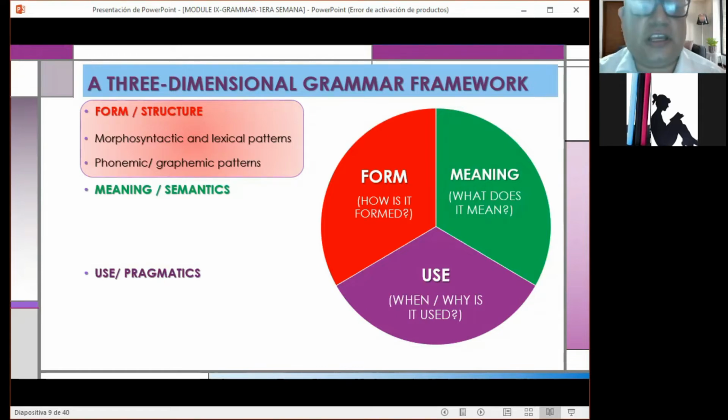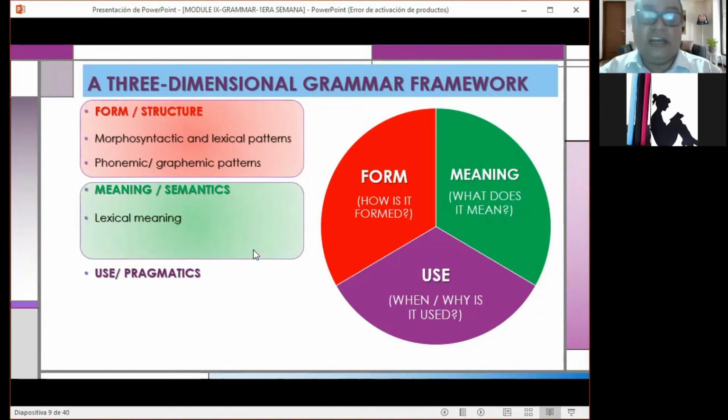Let's pass to the meaning or semantics. Lexical meaning, grammatical meaning. Can you remember about it? When we talked about morphology, can you remember? Lexical morphemes, grammatical morphemes. This is related to this aspect, that we have two kinds of meanings, a lexical meaning and a grammatical meaning.